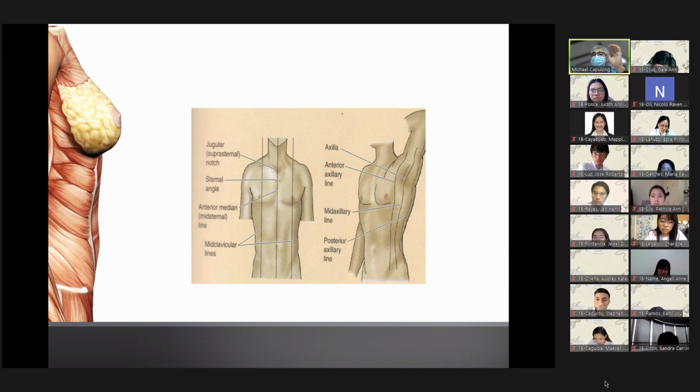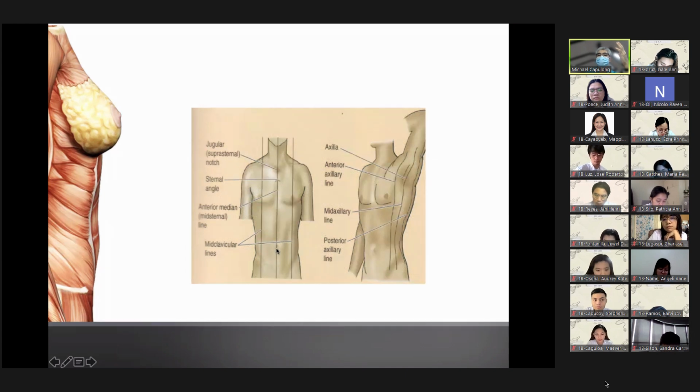And these imaginary lines can be drawn anteriorly, as you can see here, laterally, along the region of the axillary area, and at the back, posteriorly. Okay? So these imaginary lines will either divide the thoracic wall into equal halves, as you can see here, your mid-sternal line, or the anterior median line, which if you trace this imaginary line, will pass through the center of the sternum all the way down, traverse the umbilicus all the way up to the pelvis.